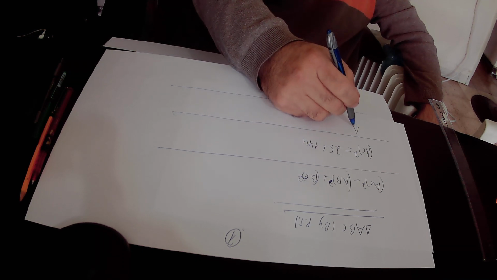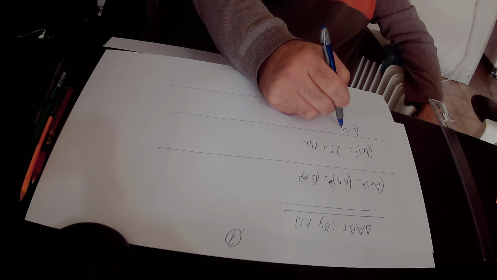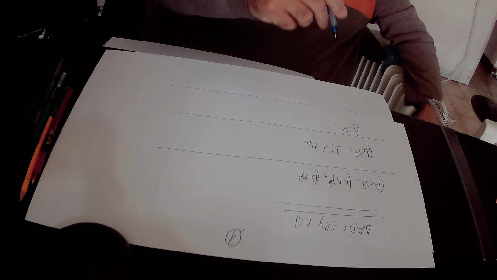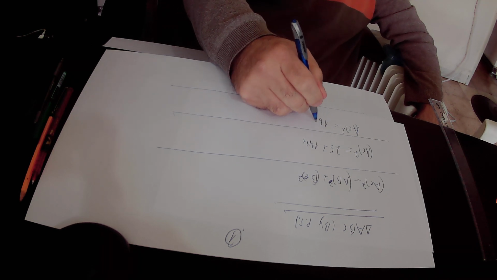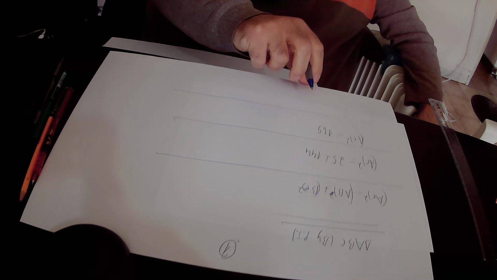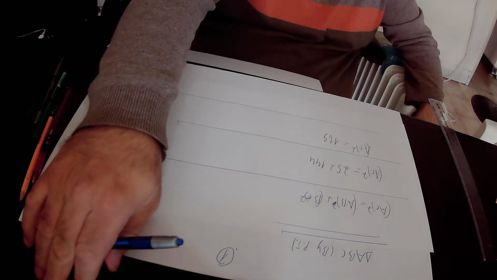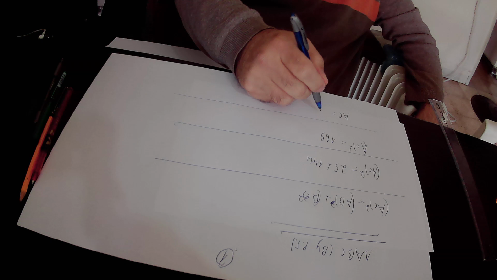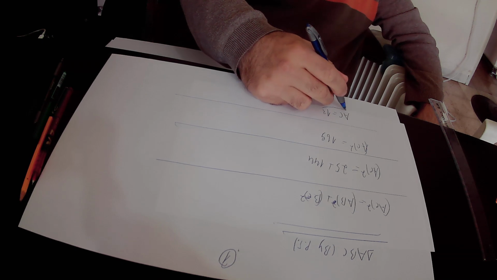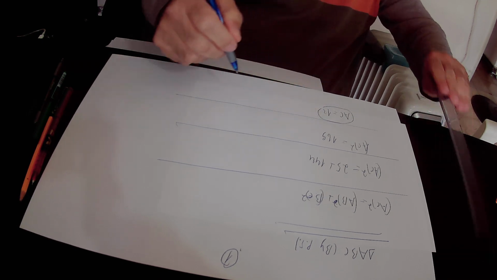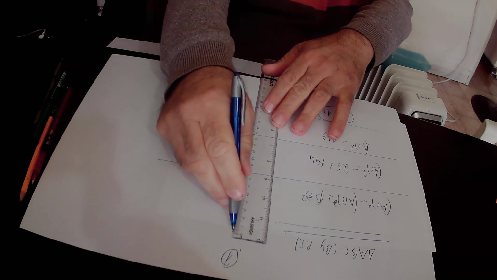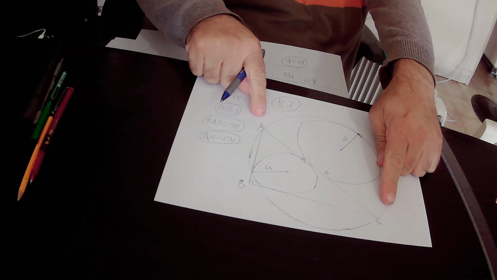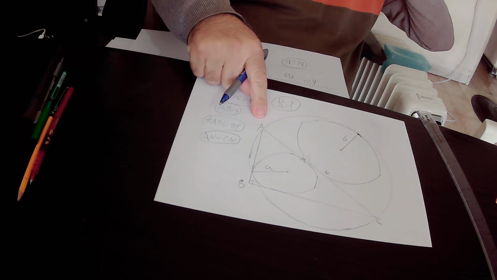So we found that AC square equals 25 plus 144, which is 169. We take the square root of this equation, and we get that AC equals the square root of 169, which is 13. So the hypotenuse AC equals 13 units.